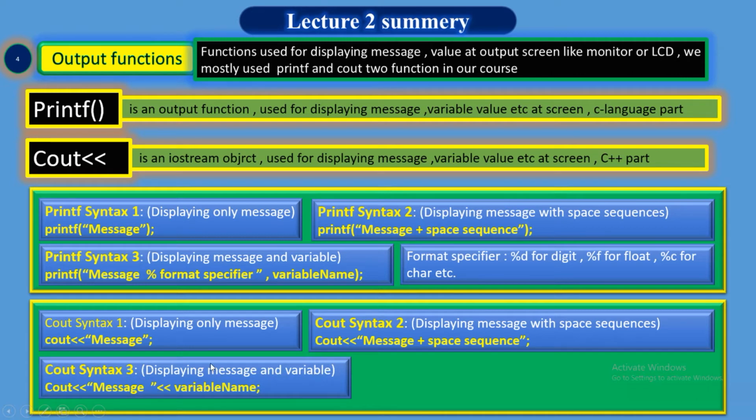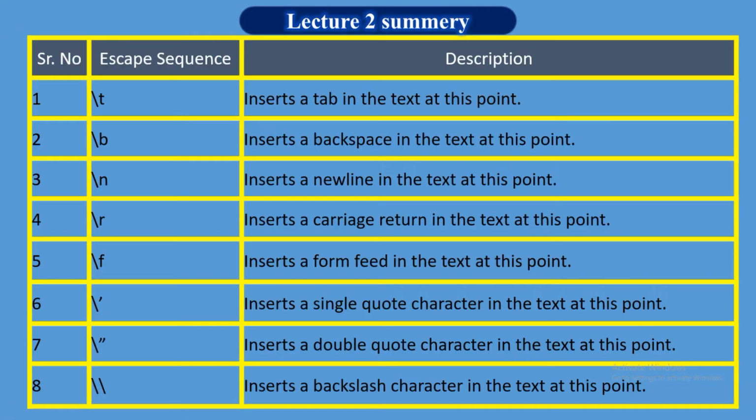And if we want to display a variable, then cout, double angle brackets, double quotation, message, angle brackets and variable name.